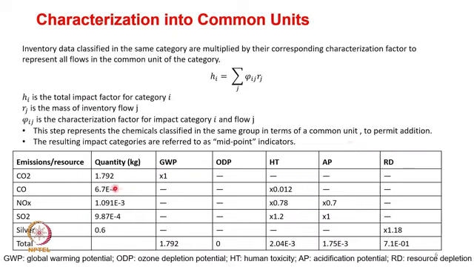And for a certain quantity, you shall be able to identify the corresponding factors, and this is how you could add up. For instance, CO2 for a quantity of 1.792 kg is equivalent to 1 greenhouse gas potential. But CO, on the other hand, 6.7 times 10 to the power minus 4, is equivalent to 0.012 times human toxicity, and so on and so forth. So this is how to typically compute.